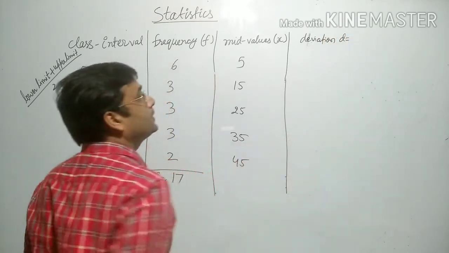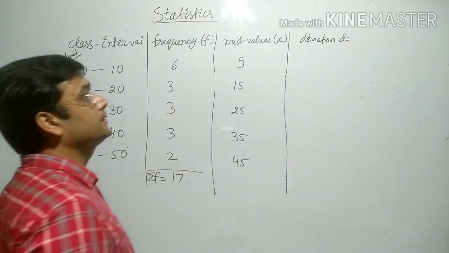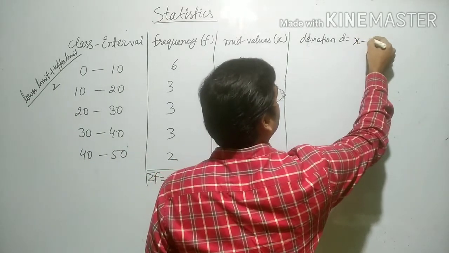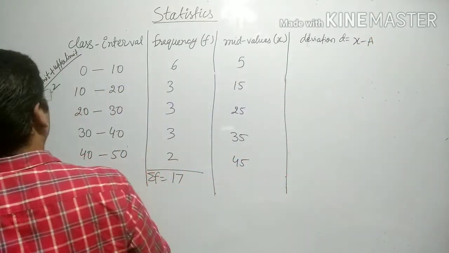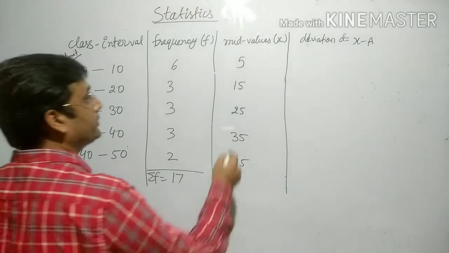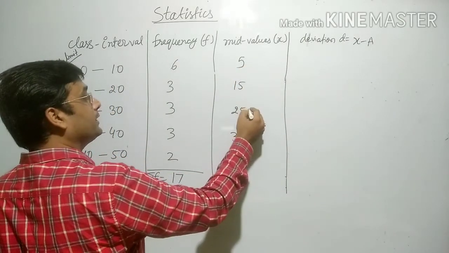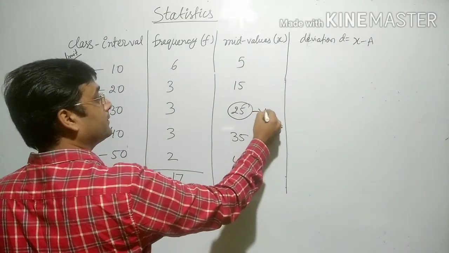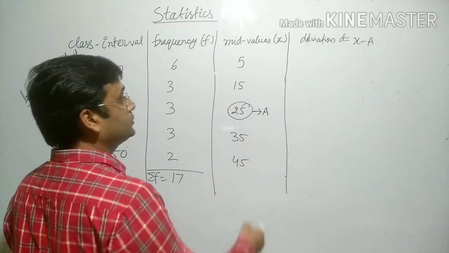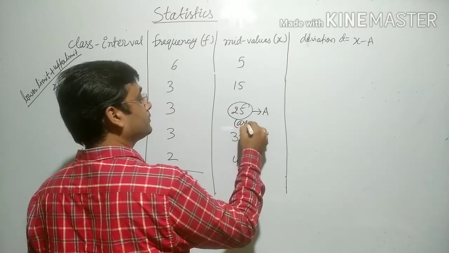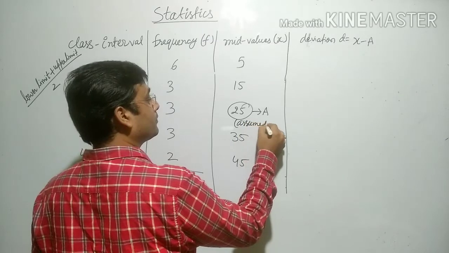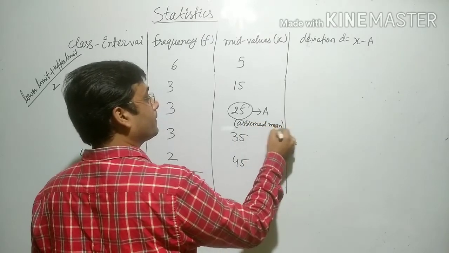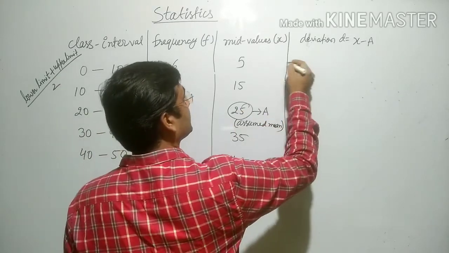d is equal to x minus a. First of all, we have to find the assumed mean a. This is the middle value, so we will take this as a, the assumed mean. Now we will do the next process.